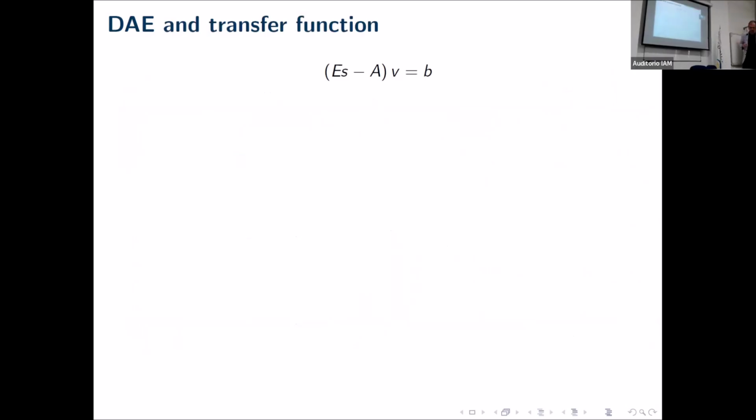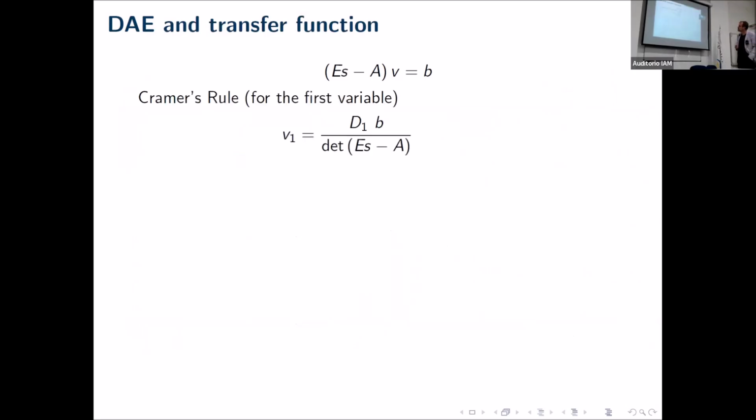Now we want to improve our circuit. For this, let us solve for the first variable. Usually you have some input and some output. I don't want to go too much into the system theoretic stuff. You could think of this as your output.